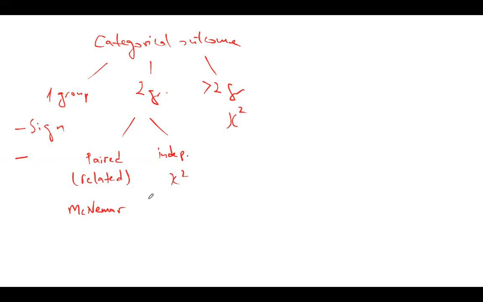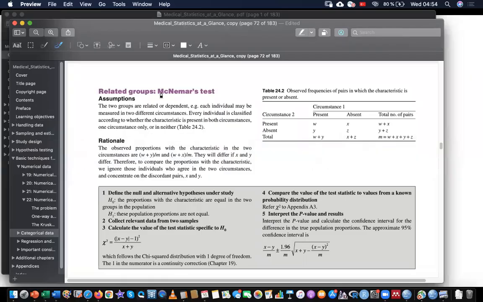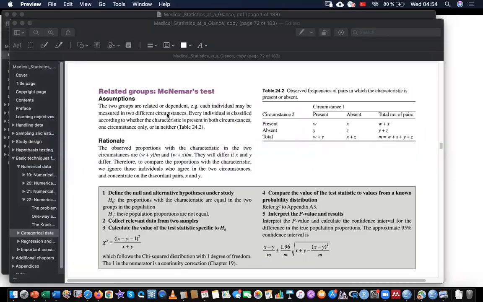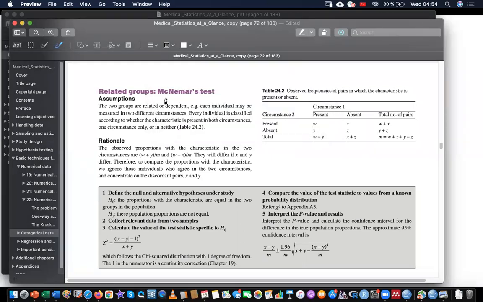So today we are going to discuss the paired samples. Next week we will discuss the independent samples. Yes, well, we can use Fisher's exact test also instead of chi-square. You're right.